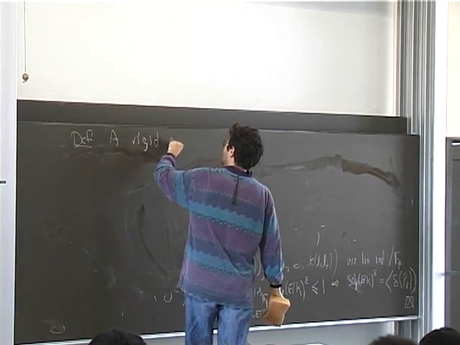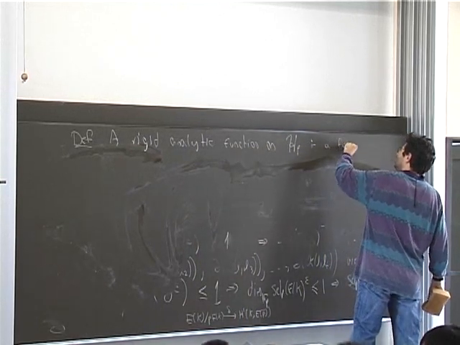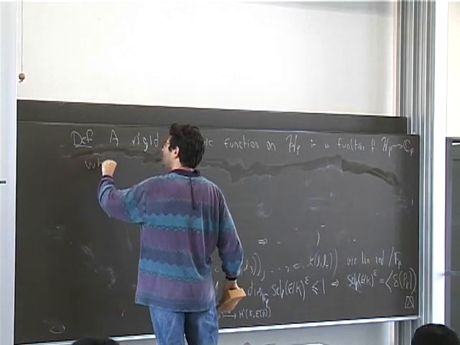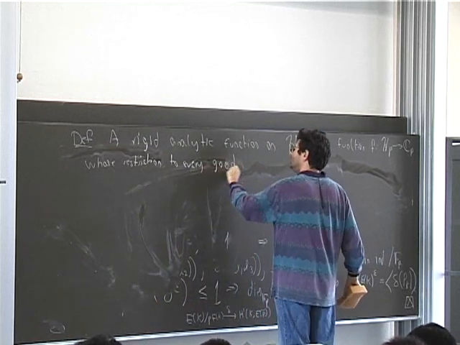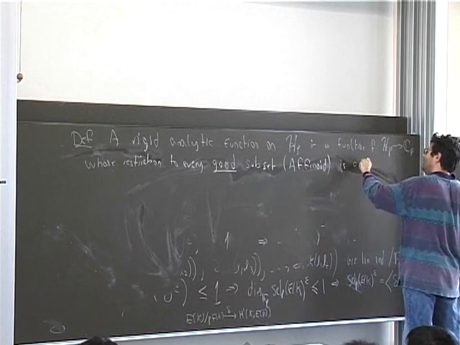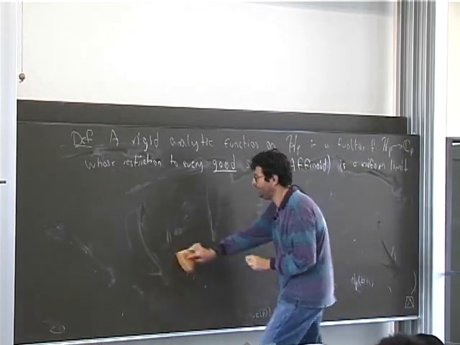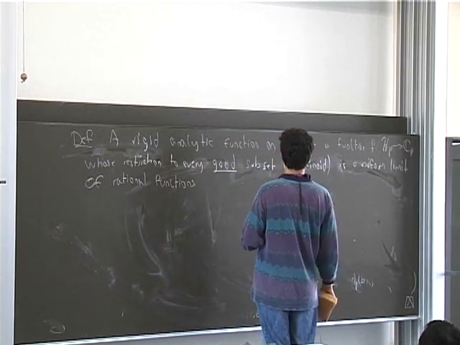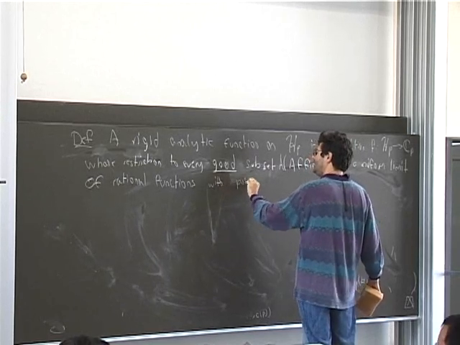A rigid analytic function on H_p is a function f taking values in C_p whose restriction to every good subset, and the technical term for good is affinoid, is a uniform limit of rational functions with poles outside A.